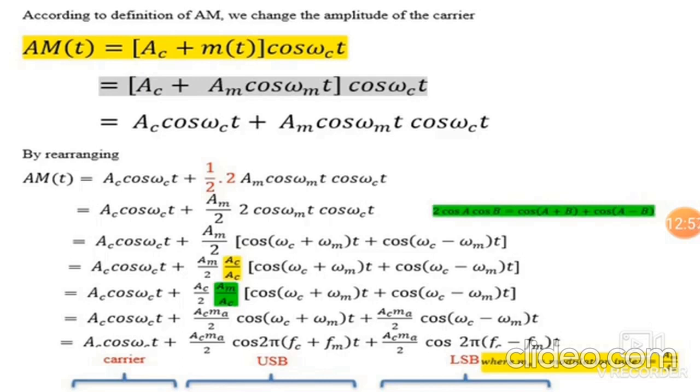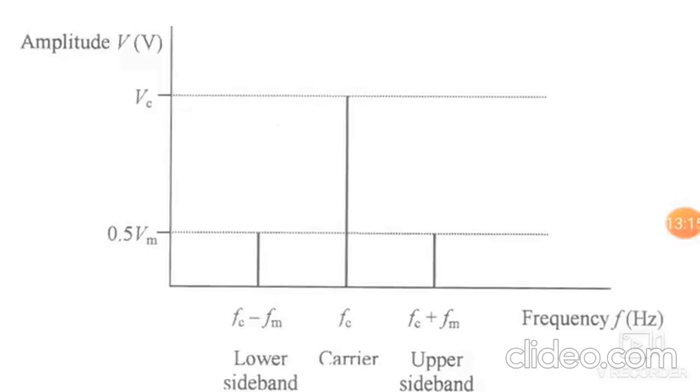Our message signal and carrier signal are both combined, and the output signal we are getting is like this, that is s of t, the amplitude modulated signal. Ac is the amplitude of the carrier signal and Am is the amplitude of the message signal. Both are combined, and the output waveform consists of three terms.